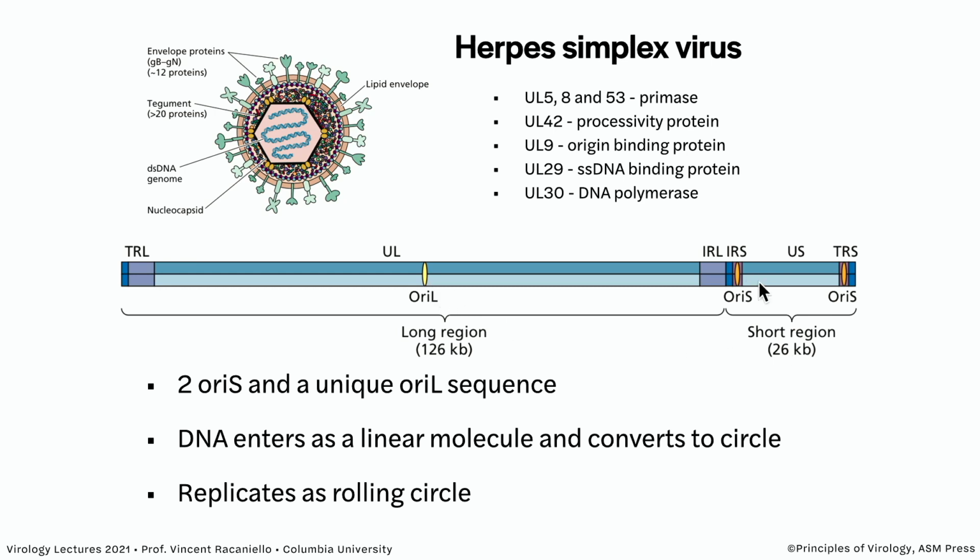And it has multiple origins of replication and encodes 1, 2, 3, 4, 5, 6, 7 proteins for DNA synthesis. Primases, 3 primases, processivity protein, an origin binding protein, single-stranded DNA binding protein, much like the adenovirus DNA binding protein, and then this one is encoding the DNA polymerase.